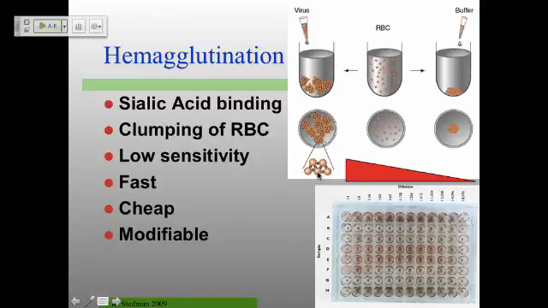So it's, in fact, a not very sensitive technique for doing this process, but it has a couple of really major advantages. It's very fast, it's cheap, it's pretty easy to modify. You can put in antibodies that'll block interactions with various different viruses, et cetera. And the main thing is it's really easy, and it's so easy even I can do it.